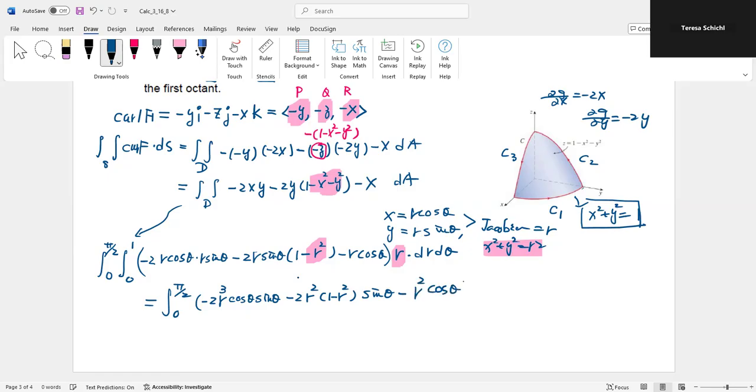The whole thing is dr d theta, with r from 0 to 1. After you change to polar coordinates, you will find the integration is not that complicated anymore. You can use software or carry out the integration by hand. I carried out the integration, and the final answer here is negative 17 over 20.